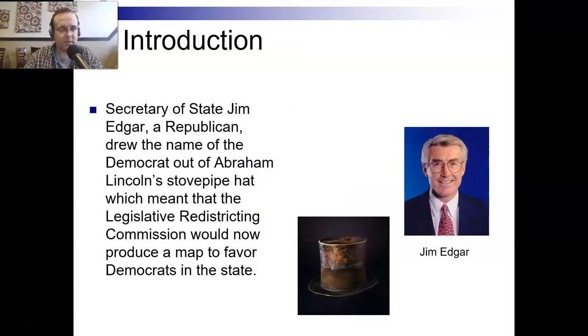So Jim Edgar, who was a governor of Illinois, who didn't go to jail, drew the name of the Democrat out of Abe Lincoln's stovepipe hat, which meant that the Legislative Redistricting Process Commission would now produce a map that would favor the Democrats. So Edgar, a Republican, reached his hand into this ancient hat, pulled out the name of a Democrat, and there it was.